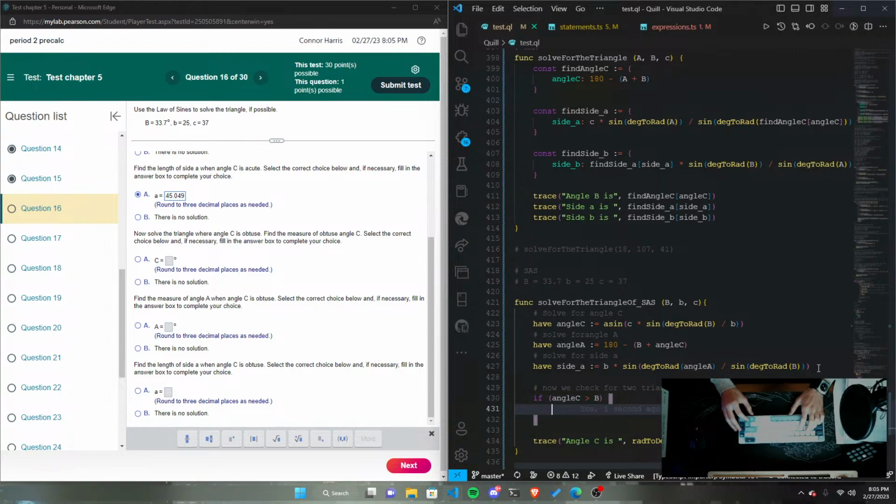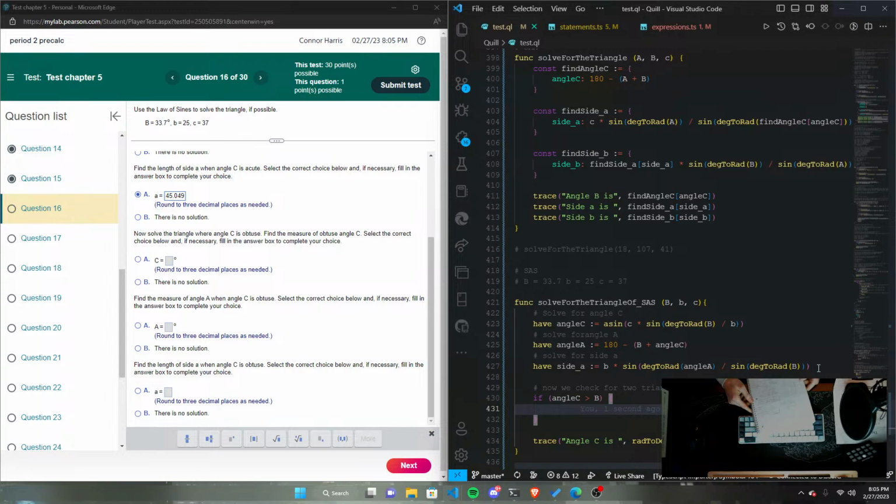If angle C is greater than B, then now we need to solve for the obtuse angle. A would stay the same, and what we solved for would be changed.